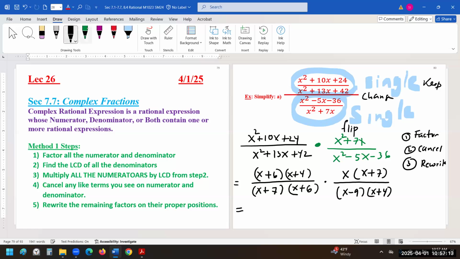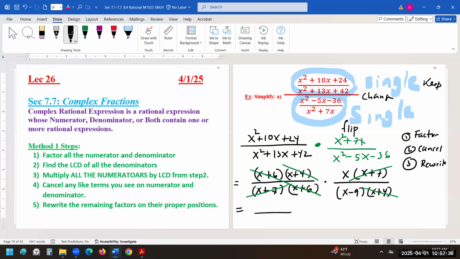So you factored everything, whatever is factorable. Then you go for canceling. Can you cancel anything from the numerator with anything on the denominator? X plus 6. Anything else? X plus 7, X plus 7. X plus 4, X plus 4.